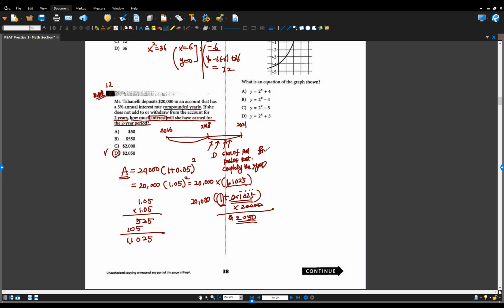Find the exponential function. And some tricks. They add a lot of Algebra 2 right now.